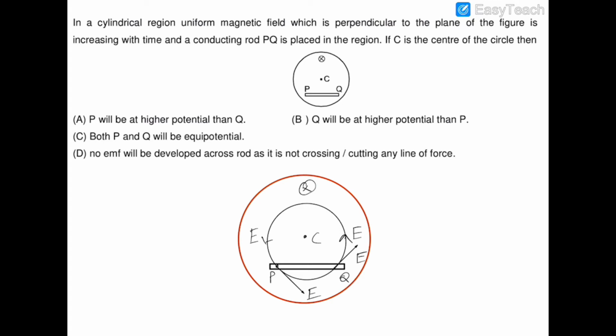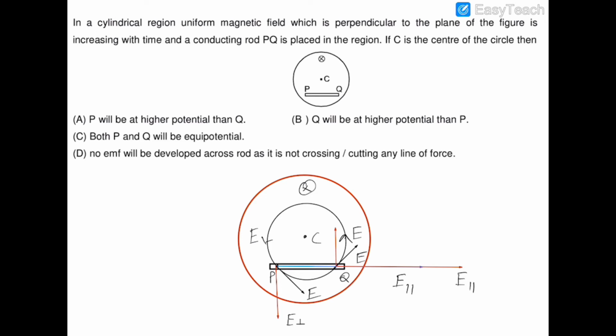So we can see that the perpendicular component of this electric field is this, E perpendicular, and this is also E perpendicular, but the parallel component of this electric field is this one. This is E parallel, and the parallel component of this field at the second point of intersection is also this one. This is E perpendicular, E parallel.